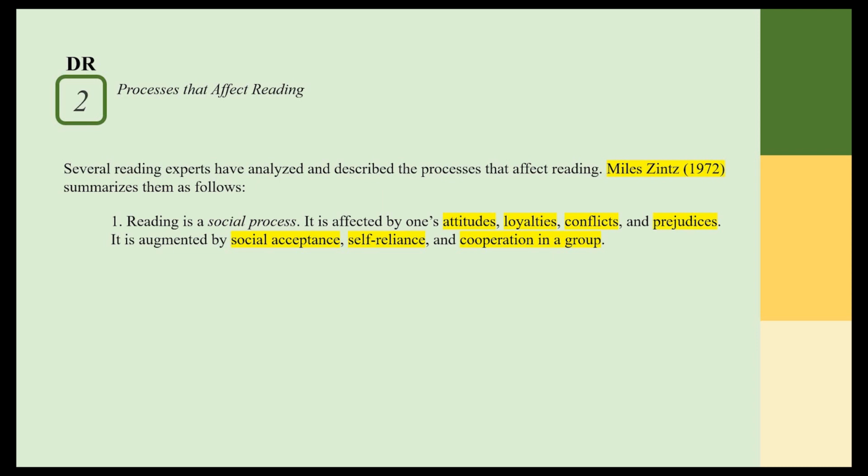It is something that happens between two people or among a group of people, right? So the first angle we have to look at is how reading becomes a social process. According to Miles Zintz, it is affected by one's attitudes, loyalties, conflicts, and prejudices.